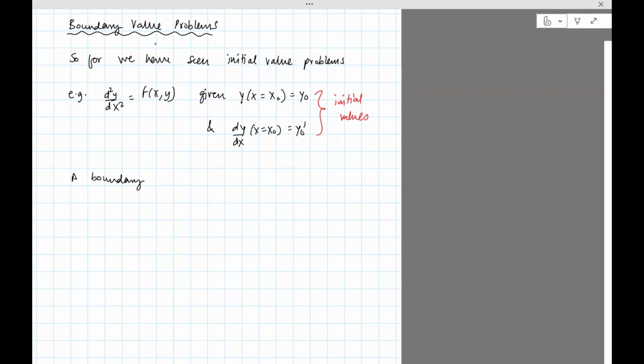So a boundary value problem has at least one condition not defined at x equals 0.